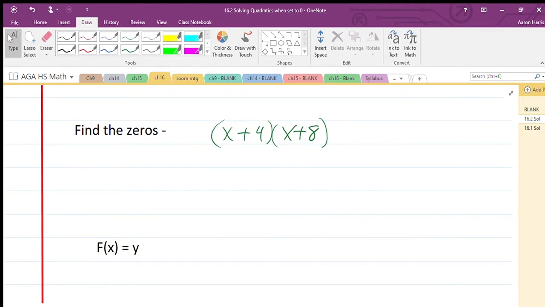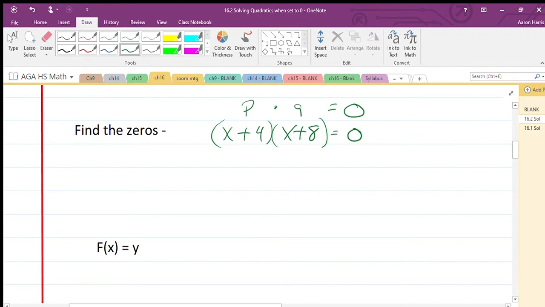Find the zeros. Okay, so let's say we had the quadratic already factored, and it was x plus 4 times x plus 8. And that was already factored. We're good. We understand that's it. Now let's use P and Q. Let's say we had P times Q. If I set it equal to 0, find the zeros. You're going to hear us keep saying that. We're going to set these binomials equal to 0.